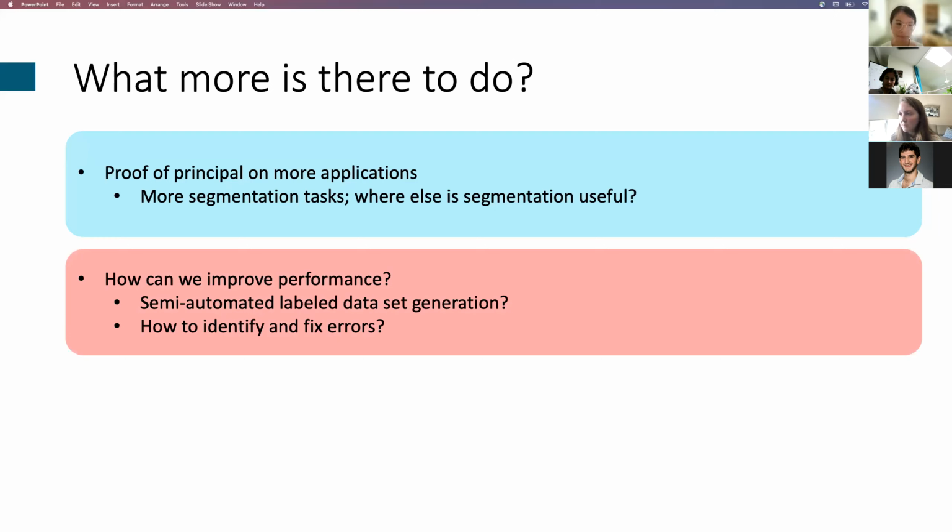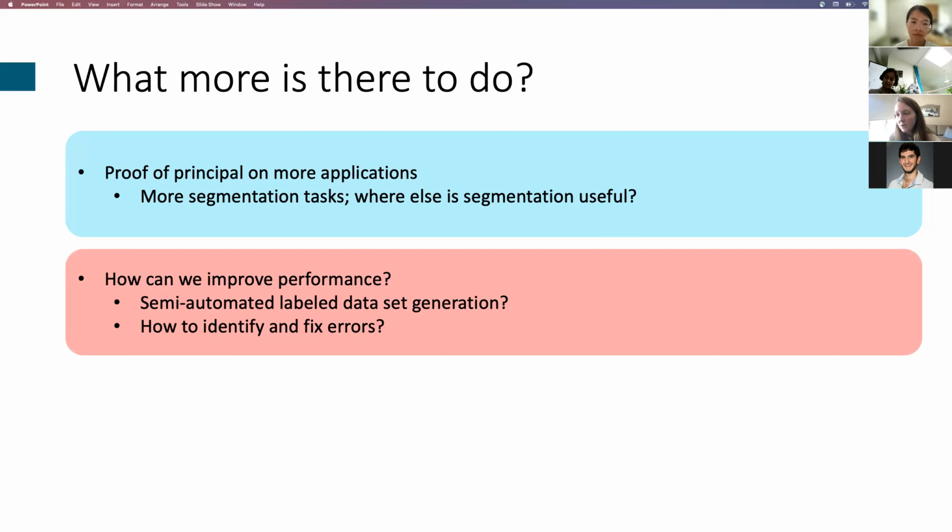Other places we've talked about for future work. One is just extending this to more segmentation tasks, finding other places where segmentation maybe isn't often used because it's considered to be a very expensive type of task. But if in fact it's not that expensive, if you can train segmentation networks with just like 10 patients, what other use cases does that open up?